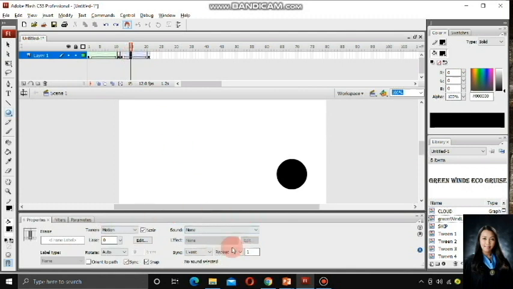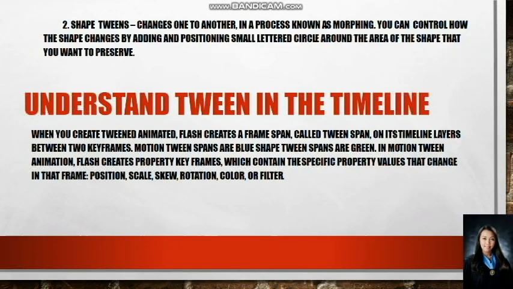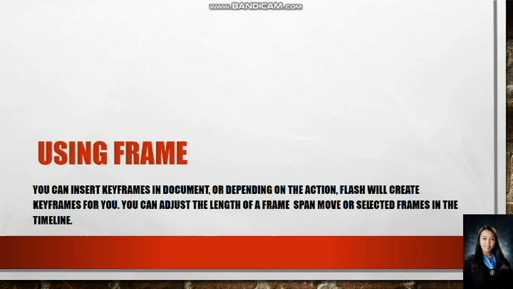We have the properties below, which contain the specific property values that change in the frames: position, scale, and rotation, and many more. So now let's go to another topic, which is using frames.